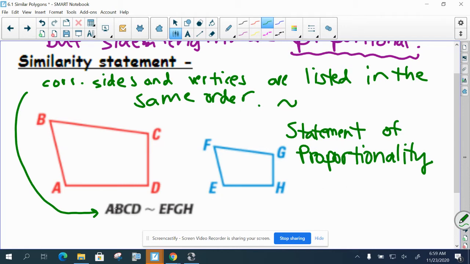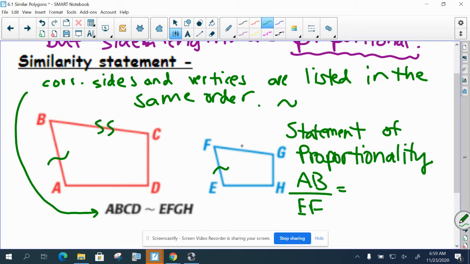So we'll start with AB over, so the ratio of AB to EF, so AB and EF are going to be proportional sides. That ratio should be the same as all the other ones.